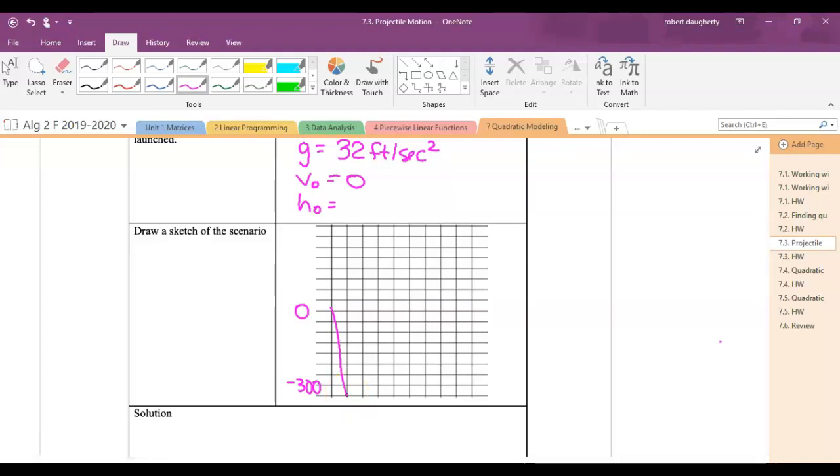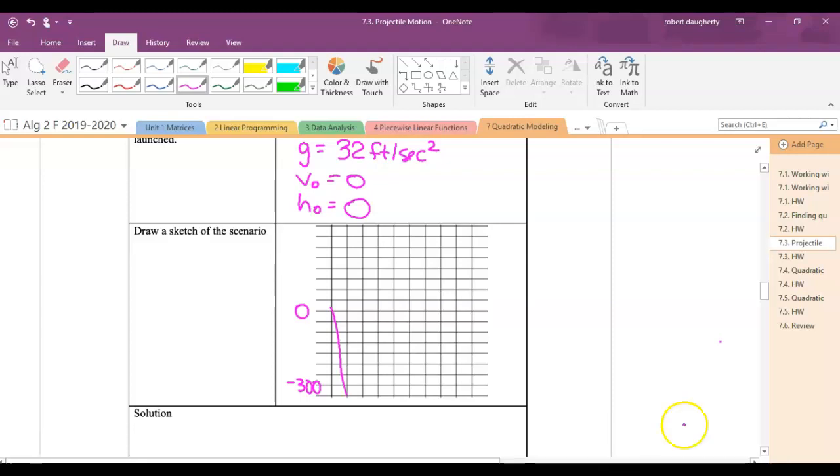So the initial height is 0, but I'm interested in when the height of that rock is negative 300. I'm at ground level, height 0. I drop it and I know it falls to negative 300.